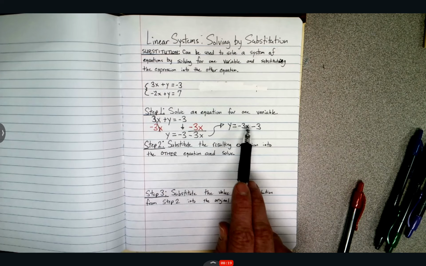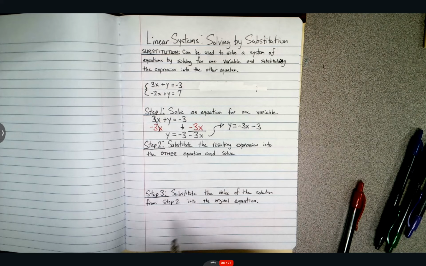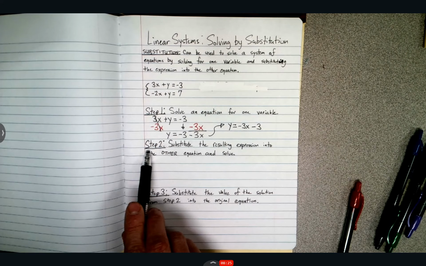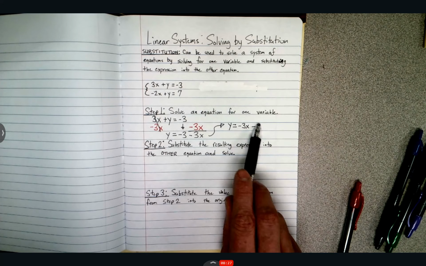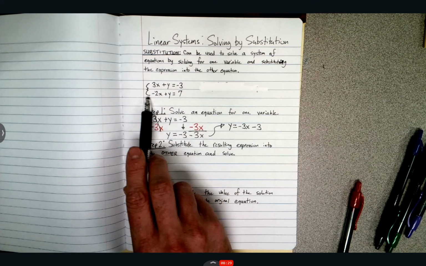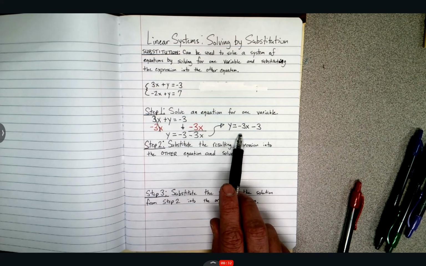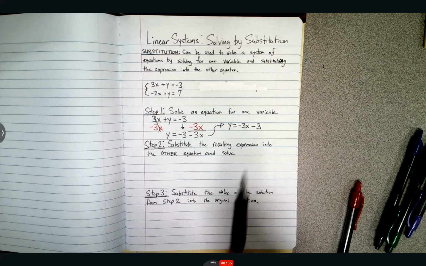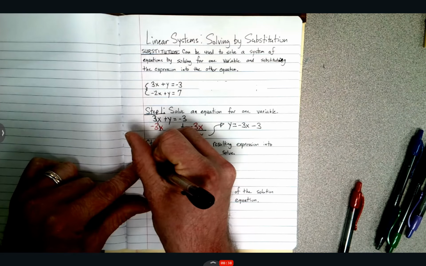And that's going to be useful because we can now go back into the other equation. And this is where we get into step 2. We are going to take this expression, and everywhere we see a y, we're going to replace that y with this expression. So let's go ahead in step 2.